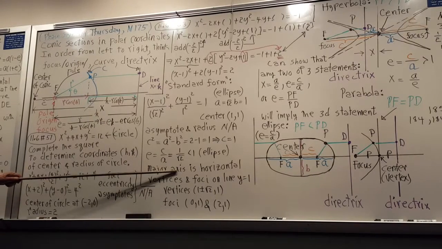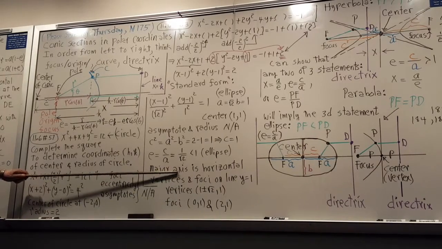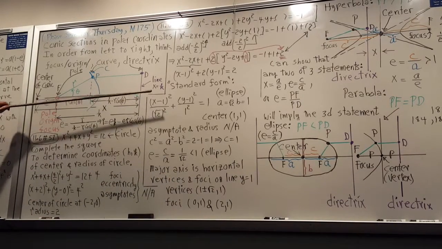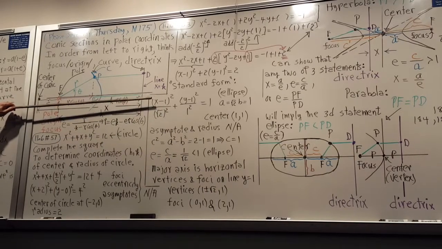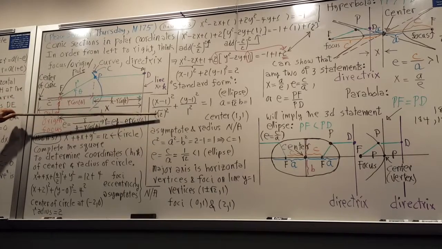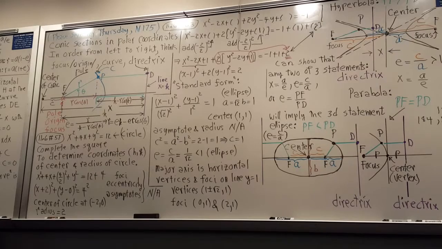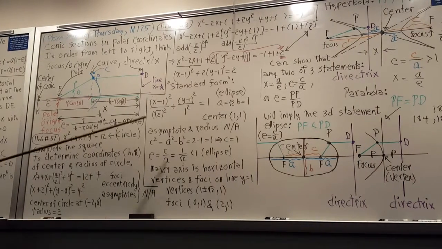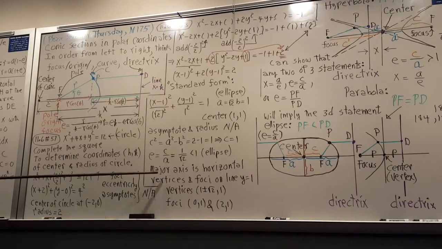And your major axis is horizontal because the major axis is parallel to the letter named axis, x or y, that has the biggest denominator. That's a mouthful to say, but that's what the rule really is. So the long way is parallel to the x-axis.